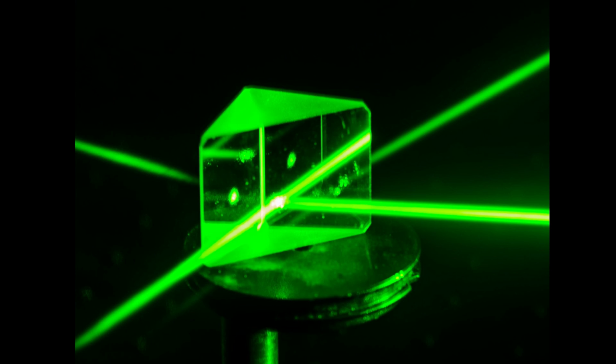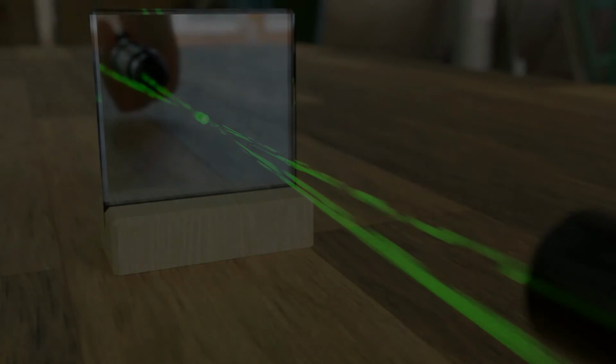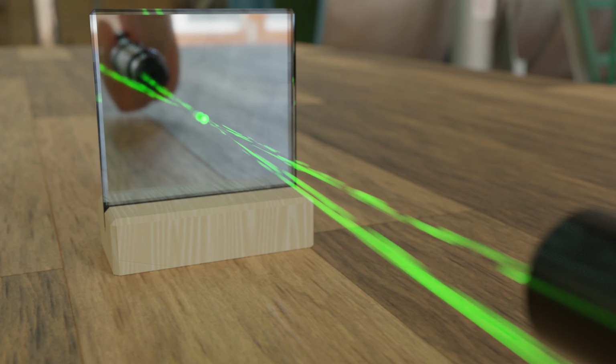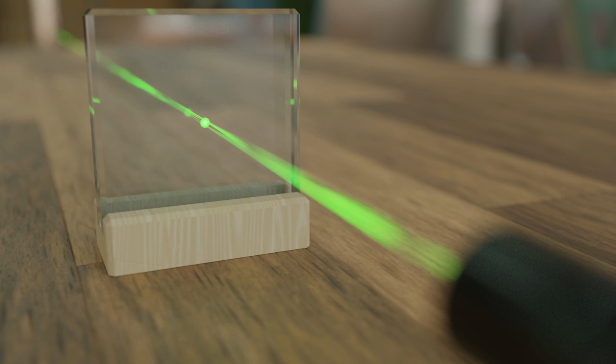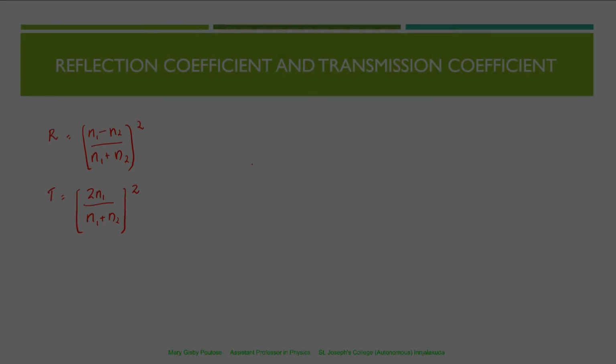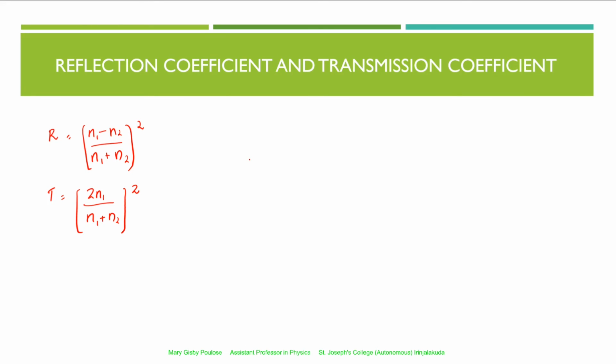Thus, when light is incident from a medium of refractive index n1 to another medium of refractive index n2, the fraction of light that is reflected can be obtained from reflection coefficient capital R, and the fraction of light that is transmitted can be obtained from transmission coefficient capital T. Also, by property of vectors, we have reflection coefficient plus transmission coefficient to be always equal to 1.